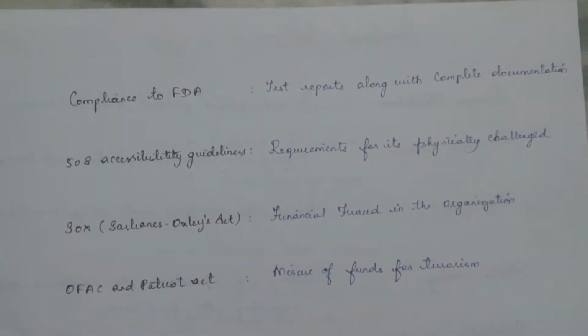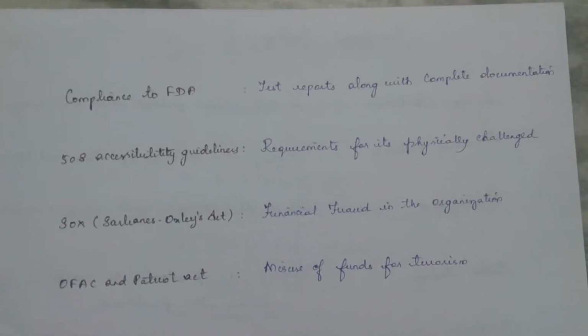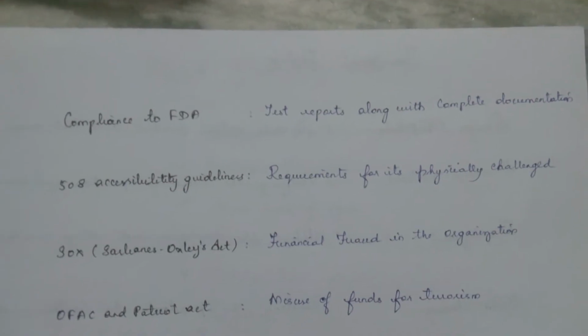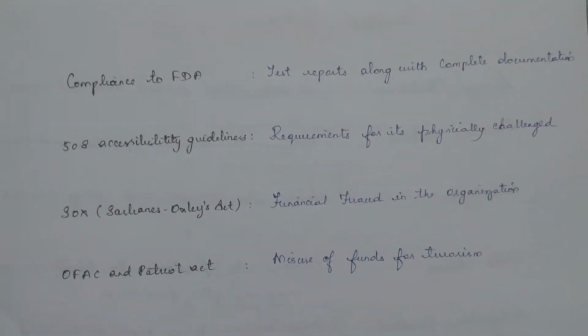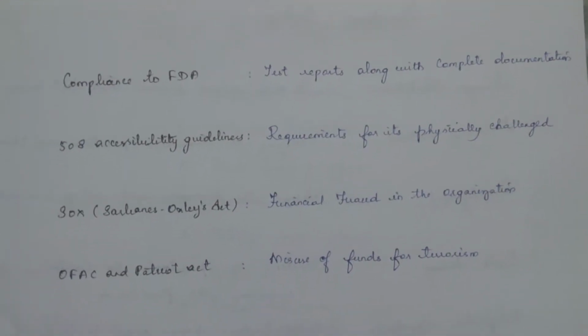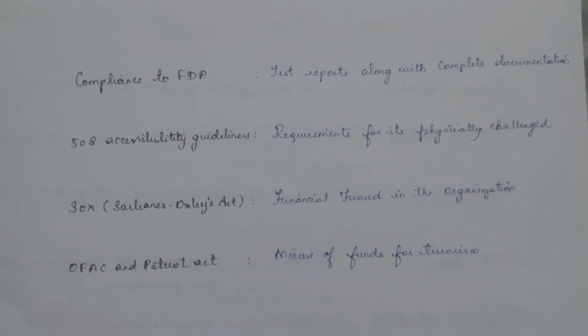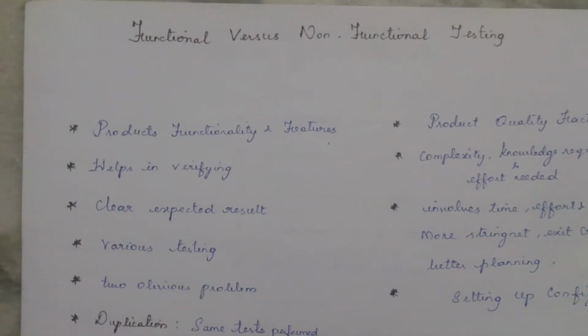Compliance to FDA is test reports along with the complete documentation. 508 accessibility guidelines refers to requirements for the physically challenged, and SOX is nothing but the Sarbanes-Oxley Act, against financial fraud in the organization. OFAC and the Patriot Act are against misuse of funds for terrorism.